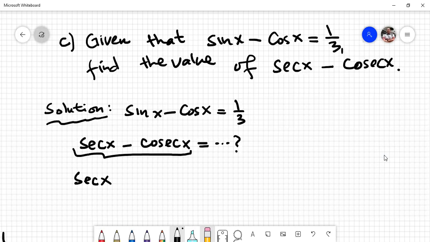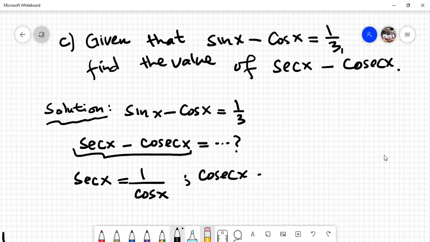So I need to change this expression, since we know that secant x is the reciprocal of cosine x, and cosecant x is the reciprocal of sine x.